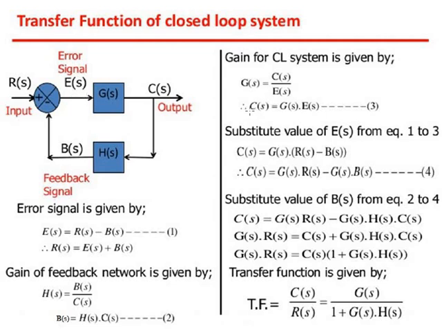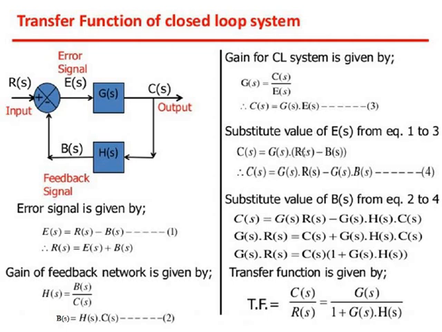So we can write C(s) is equal to G(s) into E(s). Now substitute the value of E(s) from equation 1 in equation 3. So E(s) value is R(s) minus B(s), replaced by this value. So C(s) is equal to G(s) into R(s) minus B(s).